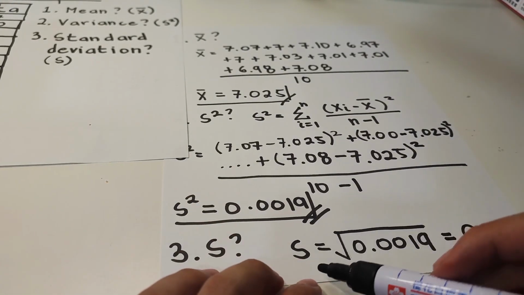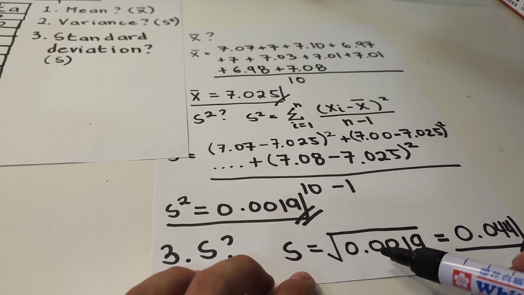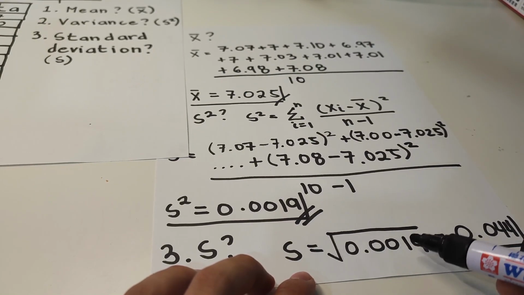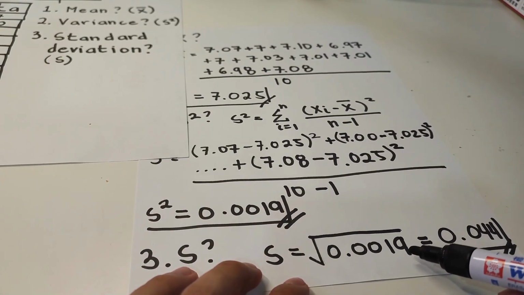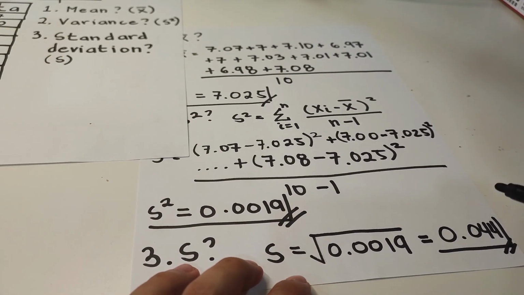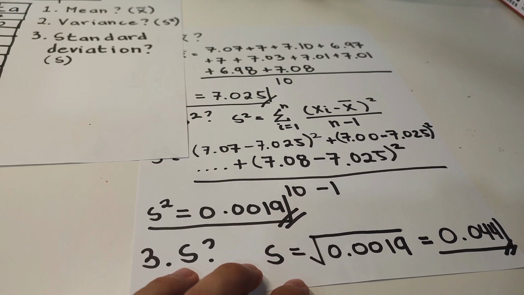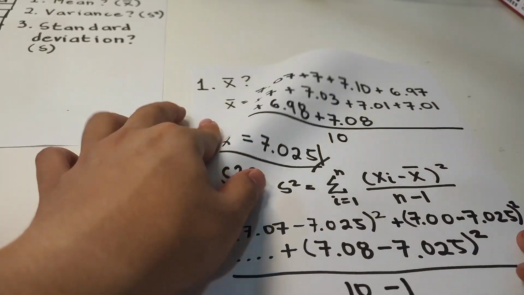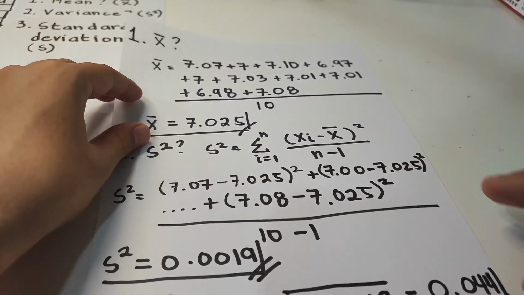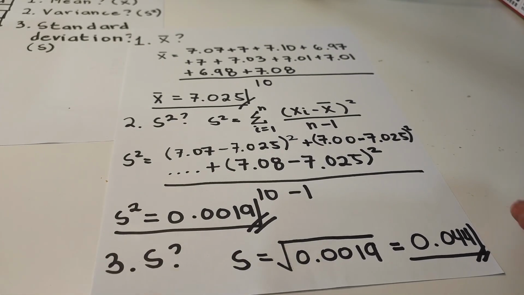So the standard deviation is equal to the square root of 0.0019, and we will get a standard deviation of 0.044. And now this is the final answer for our example.